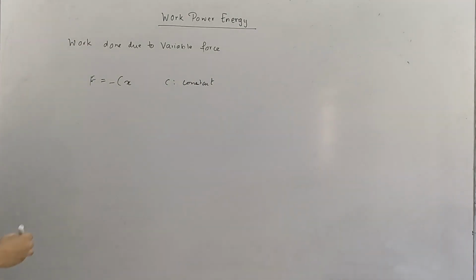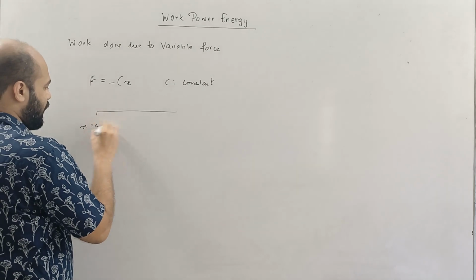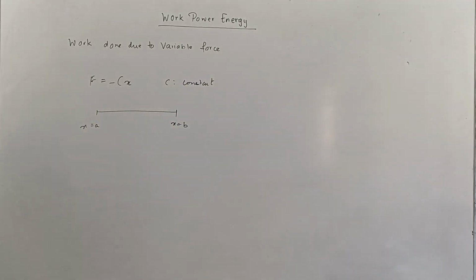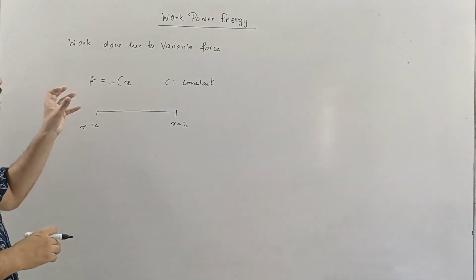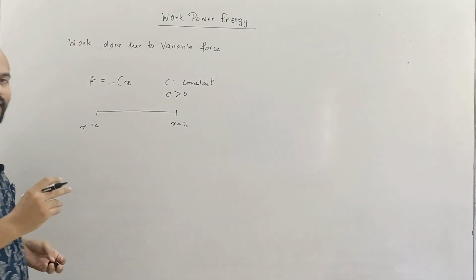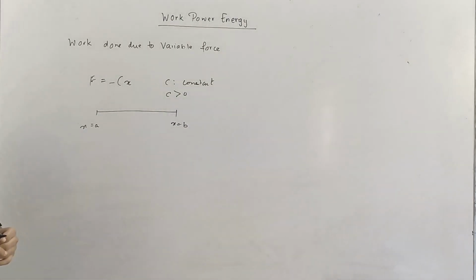Now this is displacing the body from x equals A to x equals B, and we have to find the work done. Now by the nature of the force, if C is positive, then we can say this force is a retarding force. That means it will slow down the body over a period of time.